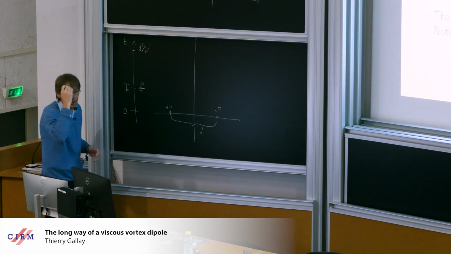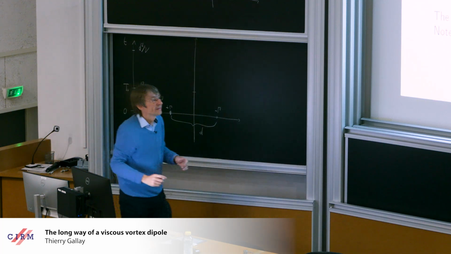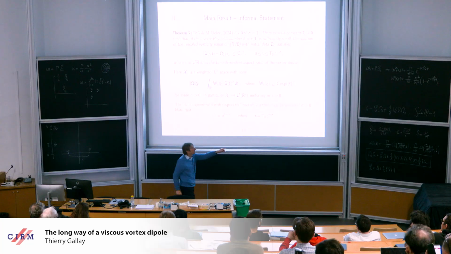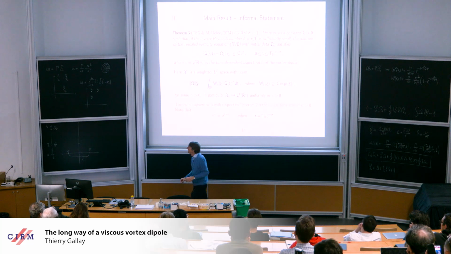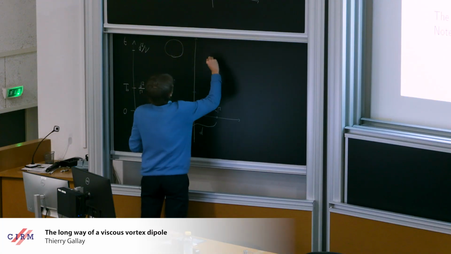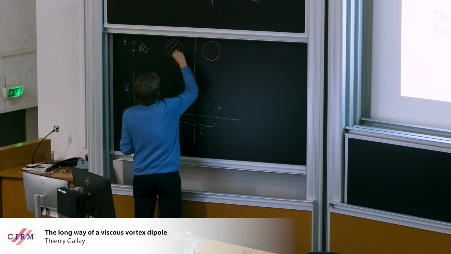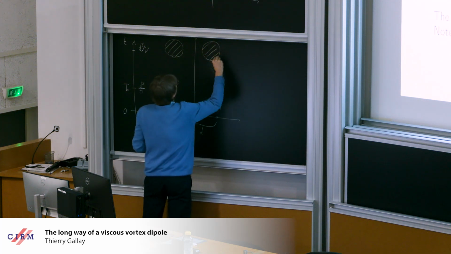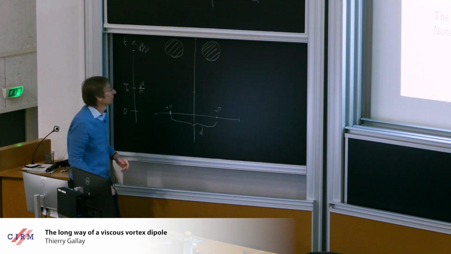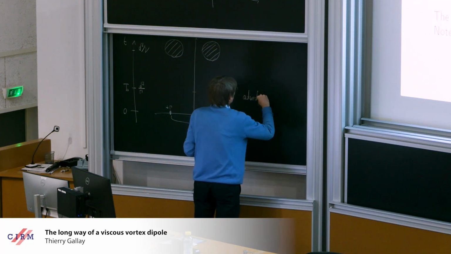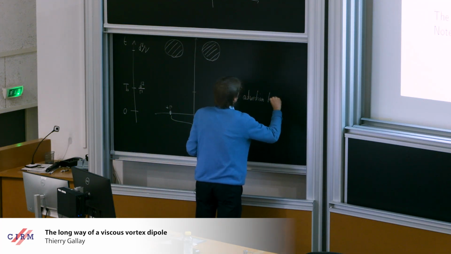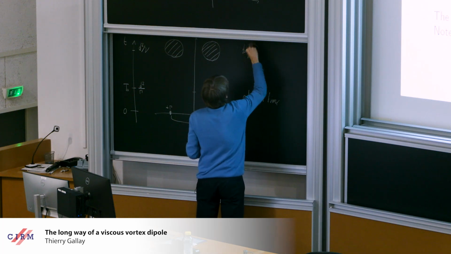When the time is equal to d square over nu, epsilon is equal to 1. This is the time where the vortices are so large that their size is comparable to their distance. I call this the diffusion time, so this will be the advection time, and this will be the diffusion time.